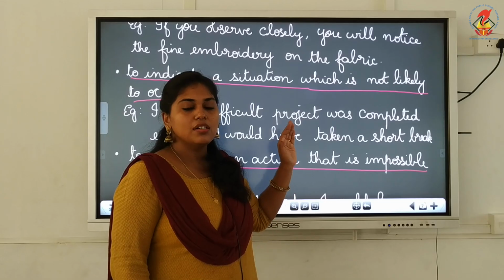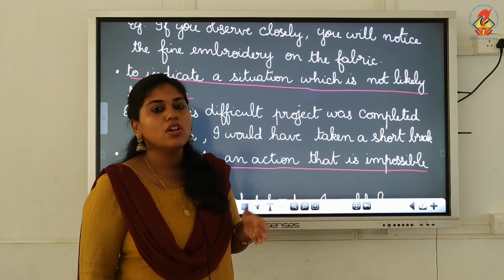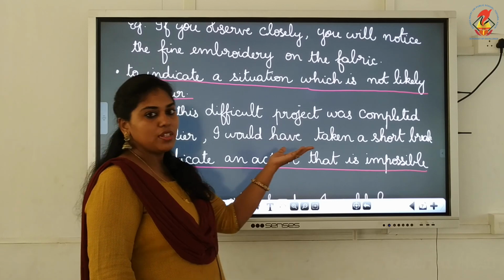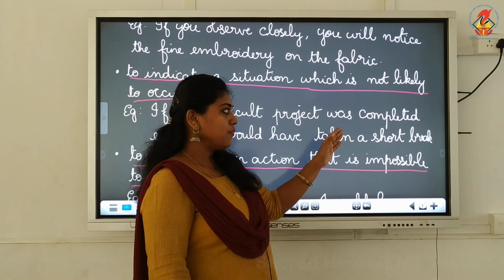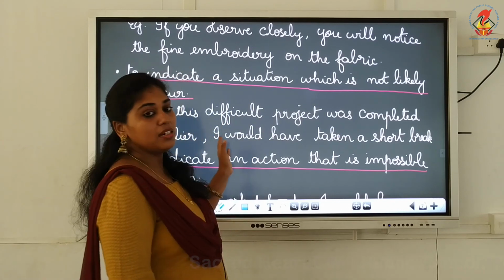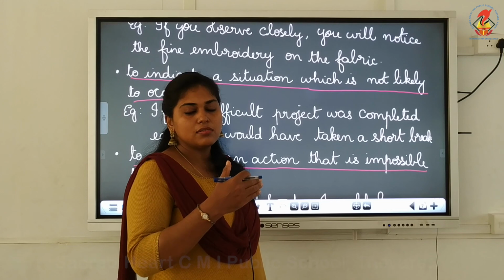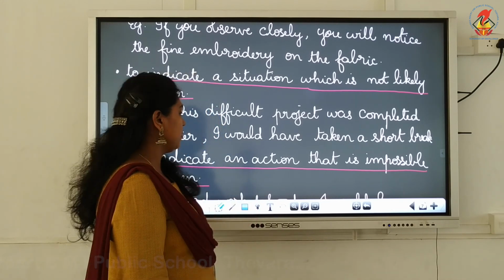Here we are giving a situation which is not likely to happen. Because we know the difficult project will most probably take a long time, so if it was completed earlier, I would have taken a short break. There is a rare chance for it to happen.